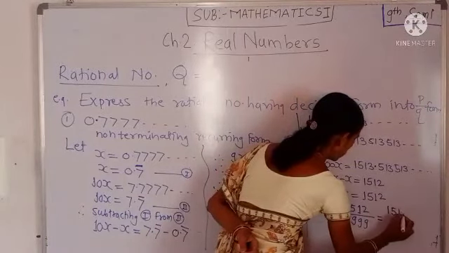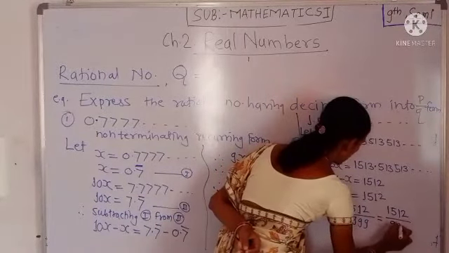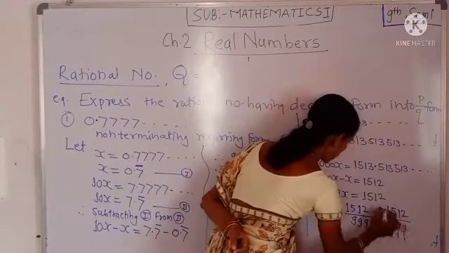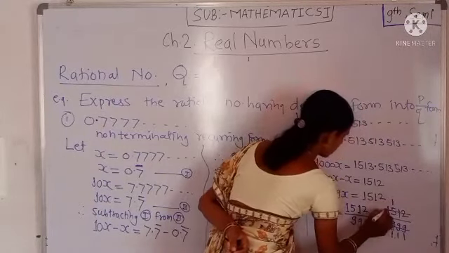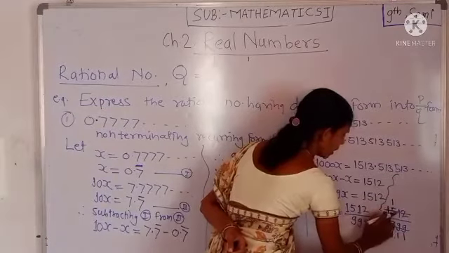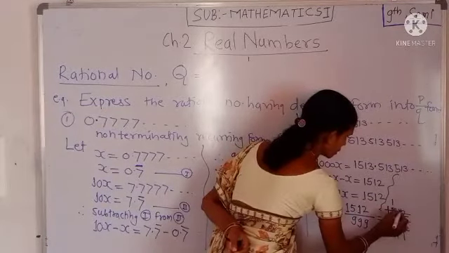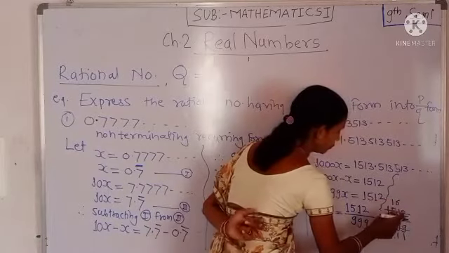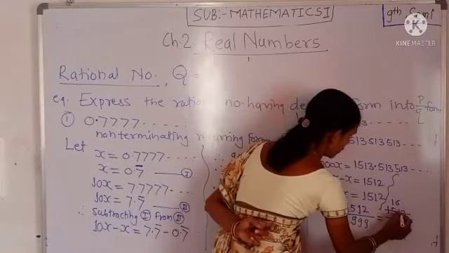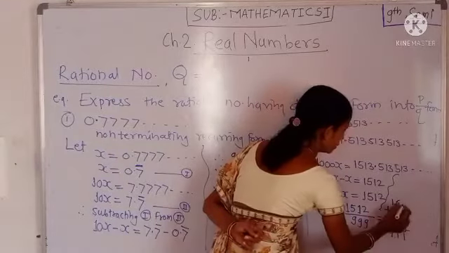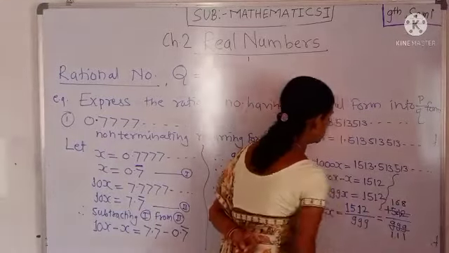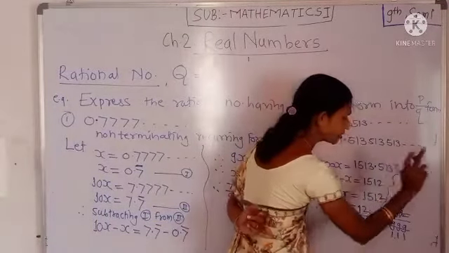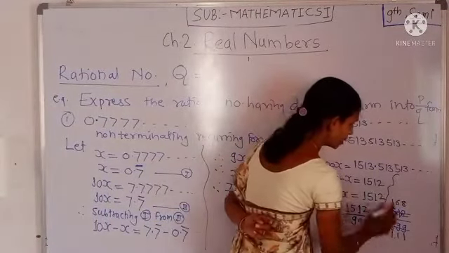Therefore 1512 upon 999: 9 ones are 9, 9 6s are 54, then remaining 7, 9 8s are 72. See here again, this number and this number are also divisible by 3.